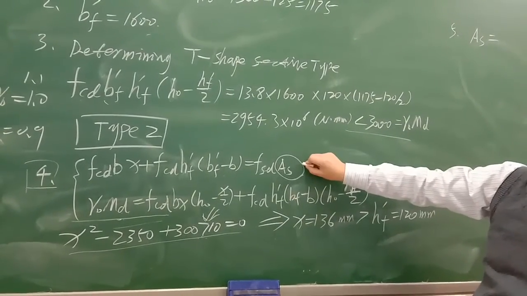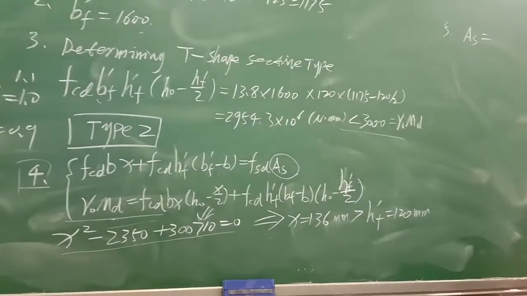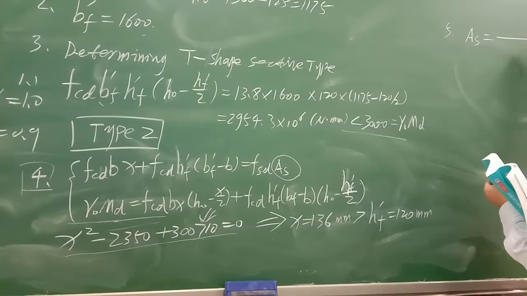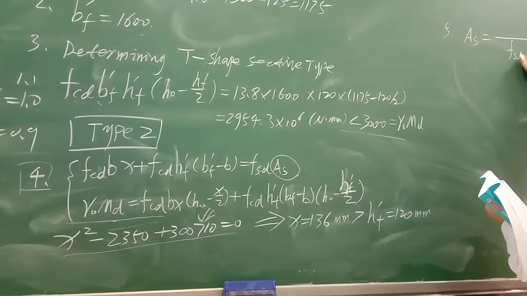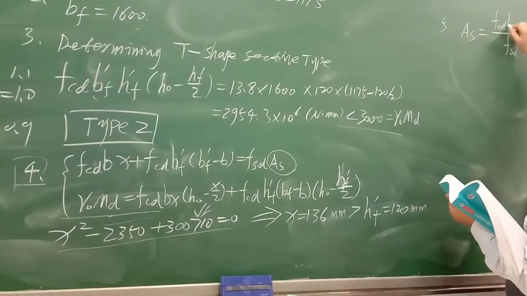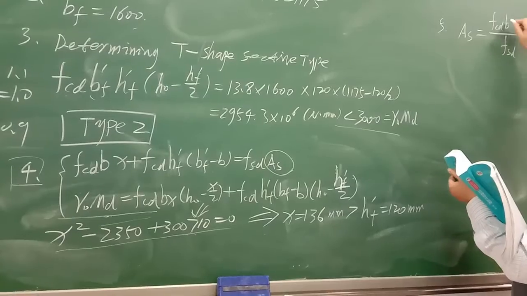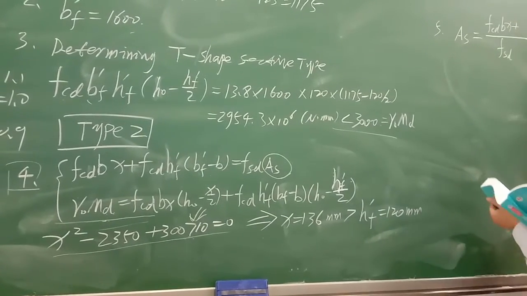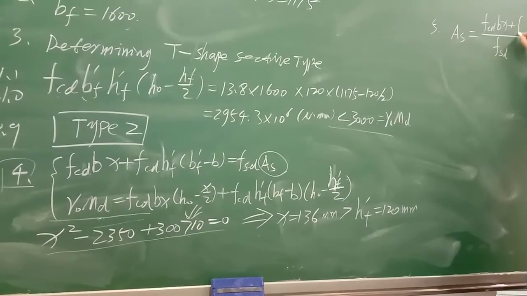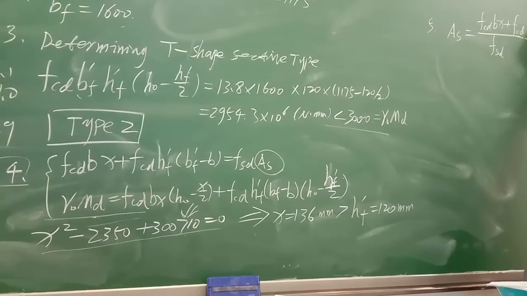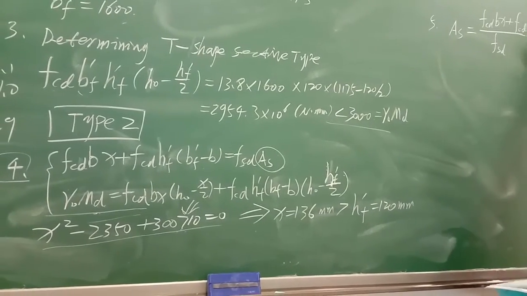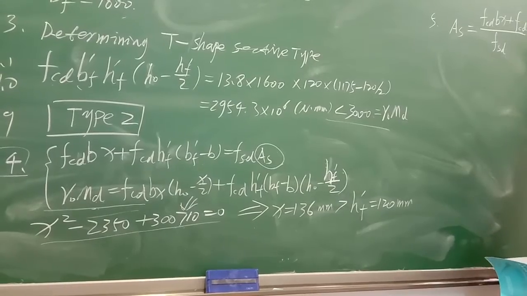Use this equation to get AS. So AS equals FCD B x plus FCD HF prime times BF prime minus B, divided by FSD.